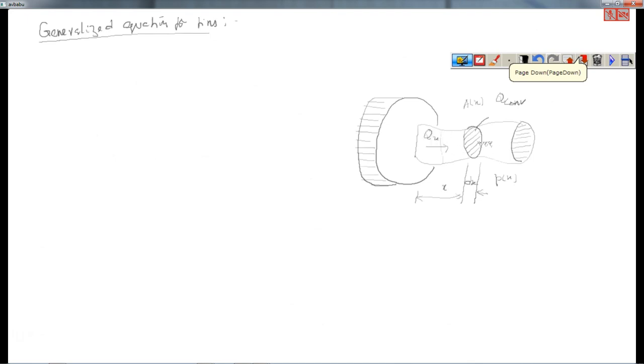After crossing this element, it is q at x plus dx.